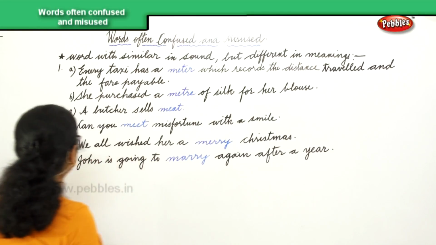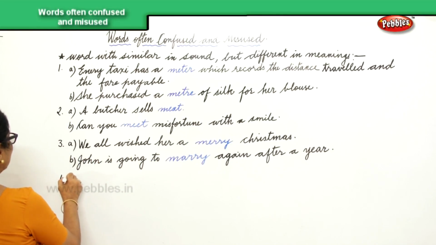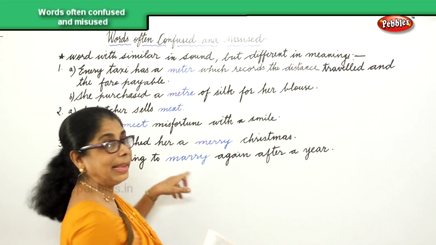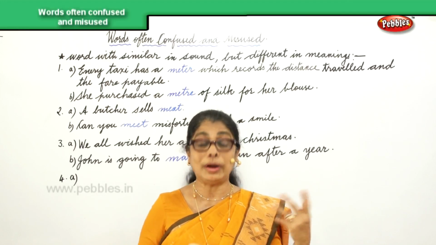Now, let's look at another set of homophones. M-E, M-A, only one letter, one vowel difference.